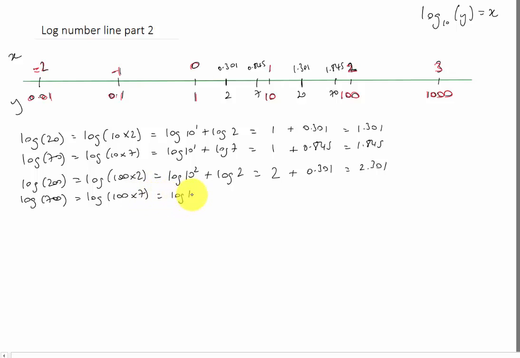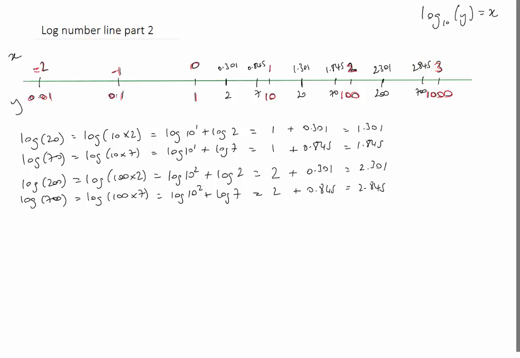So that's the log of 10 to the 2 plus the log of 7, so that's 2 plus 0.845, 2.845. Okay, so we can add that on here, so that's about here, 200, 2.301, 700, 2.845.